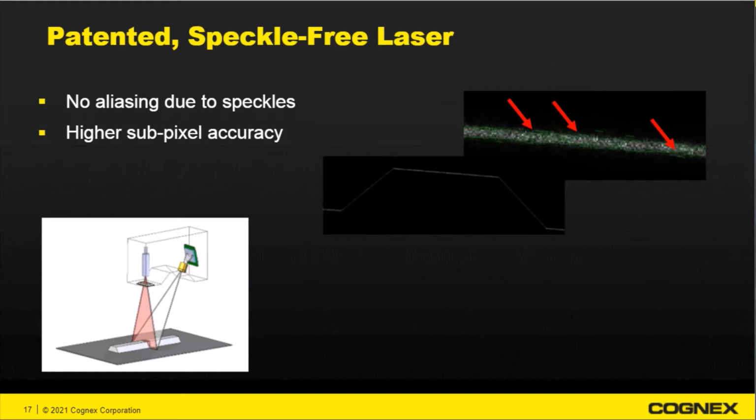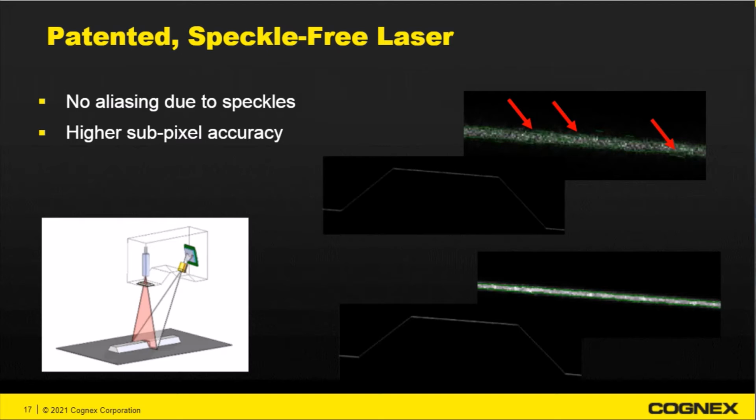But then there could be some dark and bright spots caused by interference, either constructive or destructive, of the coherent laser light itself that will cause a failure in the height. And to cope with this, we have invented our patented speckle-free laser that produces a more homogeneous laser line.